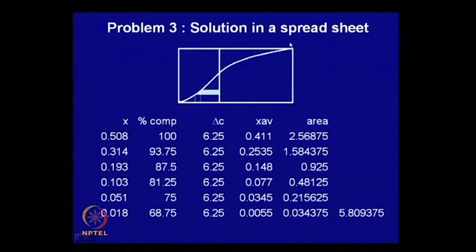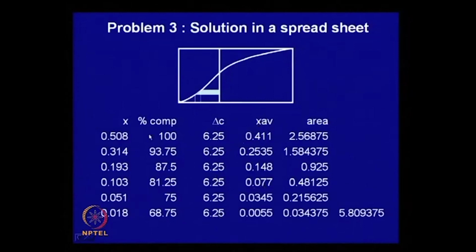Now, look at the spreadsheet. You enter the data, the percentage composition, and this is the delta C, the change in composition. The composition has been estimated at equal intervals, it seems; for every element the composition changes by the same percent, 6%.